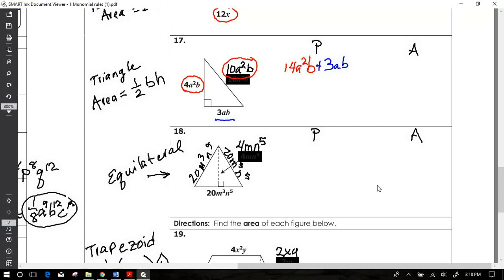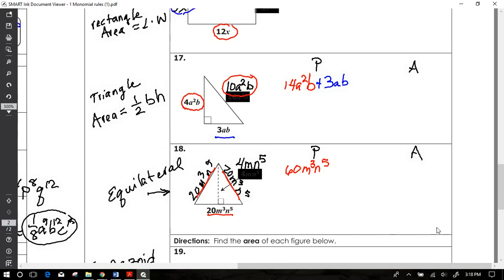So you kind of had to know that this was an equilateral based on the fact that this line in the middle is cutting it directly in half, okay? So now I'm ready to combine all my like terms. Well, they're all exactly the same like terms. So I've got 20, 40, 60, and then m cubed n to the 5th. So that's my perimeter. So completely and utterly review with perimeter.